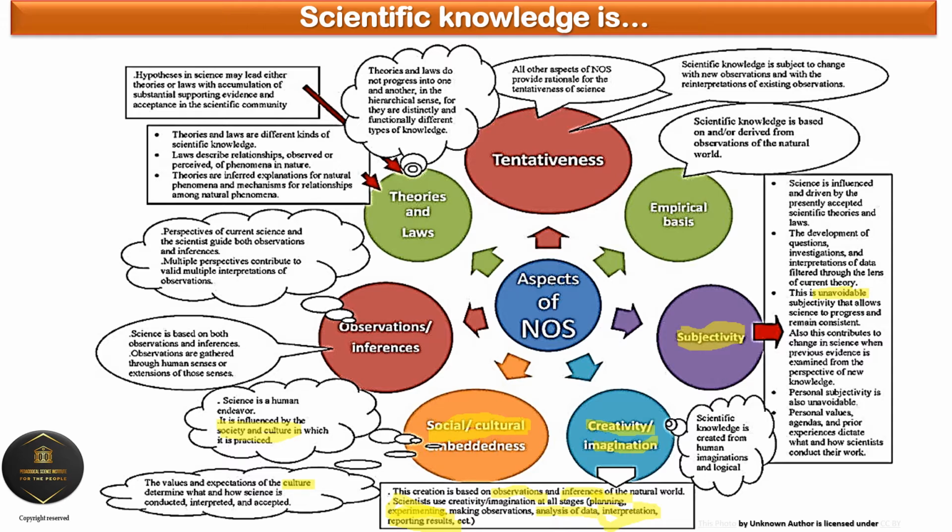If we say when it rains, you get floods, your brain will automatically give you an image of a flood because you've seen that happen. So that's what we mean. So personal subjectivity is very much unavoidable, as this part says. Personal values, agendas, and prior experiences dictate what and how a scientist conducts their work. So that's something very important for you to know.